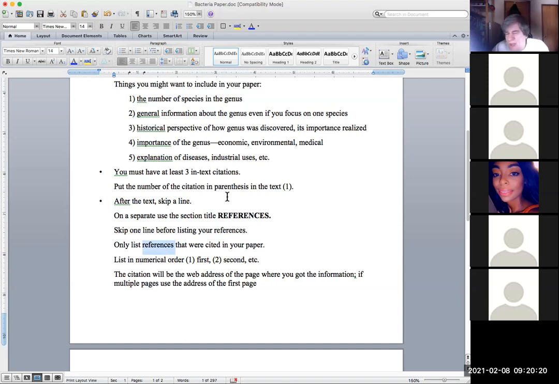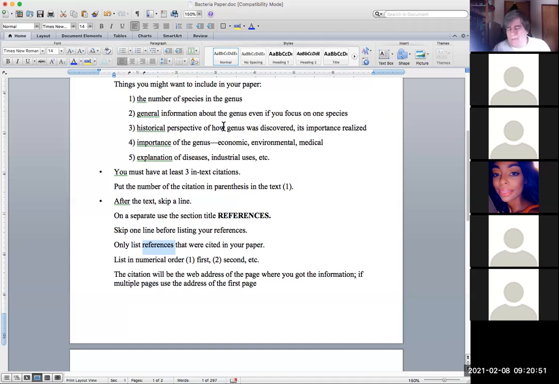So if you have 3 citations in your paper, if you have citation 1, 2, and 3, you can't have 4 references in this part of the paper because you only used 3 in your paper. So all the citations that you refer to up in your text have to be back here in the references. All the references have to be up in the citations. Now, as I said, you could use 1 reference. You might have 5 citations to reference number 1.